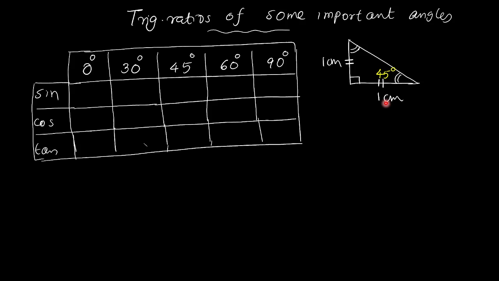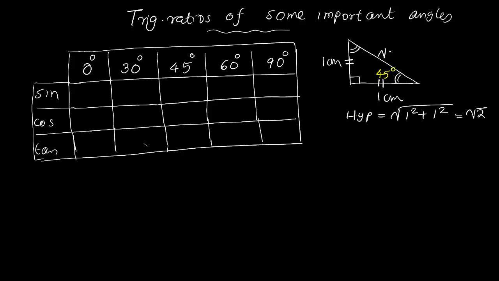Yeah, okay, understood. So what will be the hypotenuse here? Tell me, what will be the hypotenuse in this case? Using Pythagoras theorem, hypotenuse will be root of 1 square plus 1 square. I am just using Pythagoras theorem. You will get root 2.